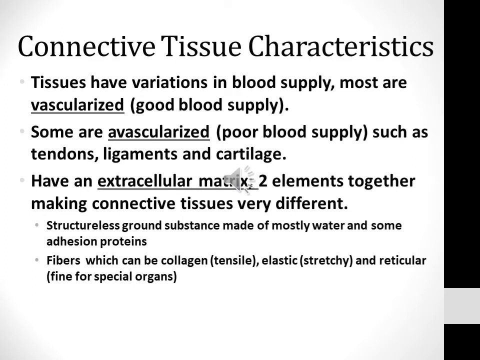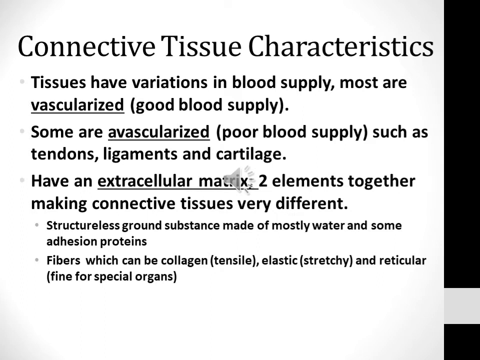Your connective tissues have variations in blood supply. Most of them are highly vascularized, so they have a good blood supply. Some of them are avascular, like tendons, ligaments, and cartilage, and that's why they take forever to heal. There's also an extracellular matrix, made up of two elements that allow connective tissues to vary.